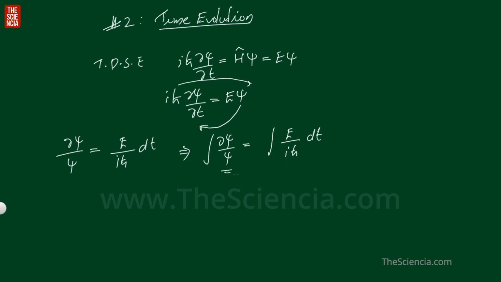So on integrating this equation, what do we get? We get log ψ with limits ψ of 0, that is the wave function at time t equal to 0, and this is the wave function at time t. That will be equal to, here I can take this i term in the numerator, that is minus i E by h cross into integral of dt, that is t, where the limit is 0 to t.